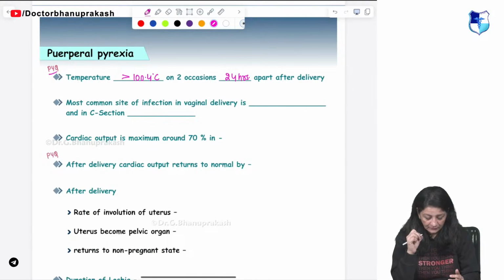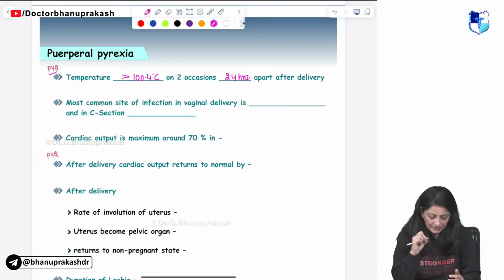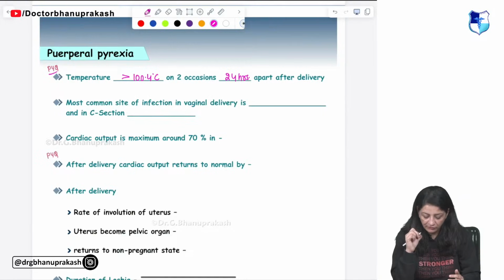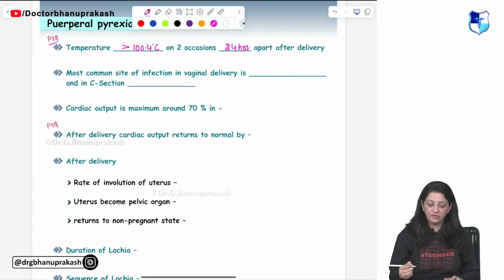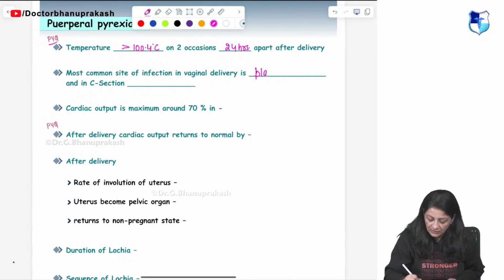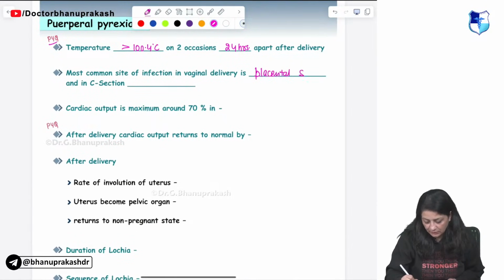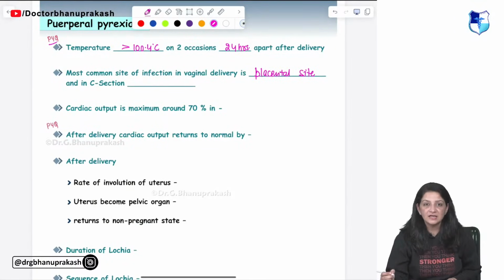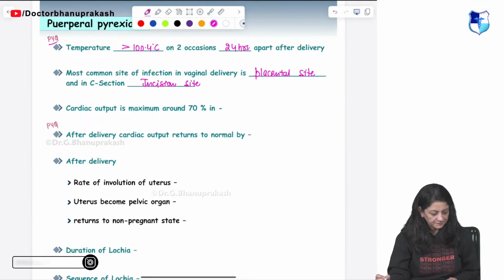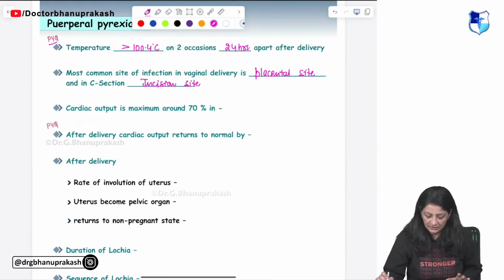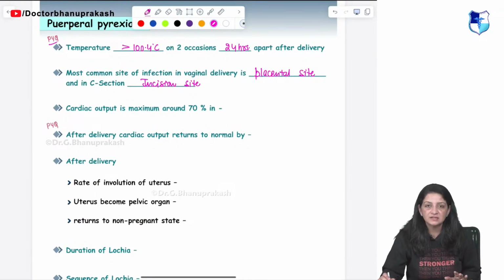So this is called puerperal pyrexia. The most common site of infection in vaginal delivery is the placental site, and in cesarean section, the incision site. Vaginal delivery, placental site. Cesarean section, incision site.